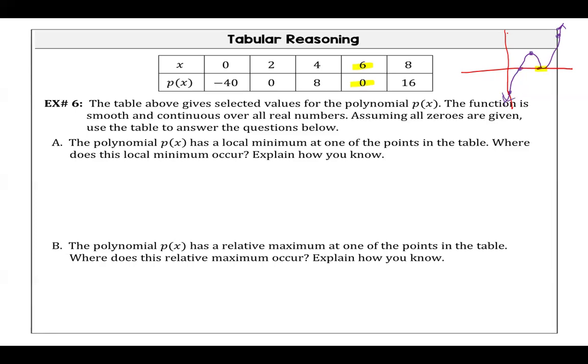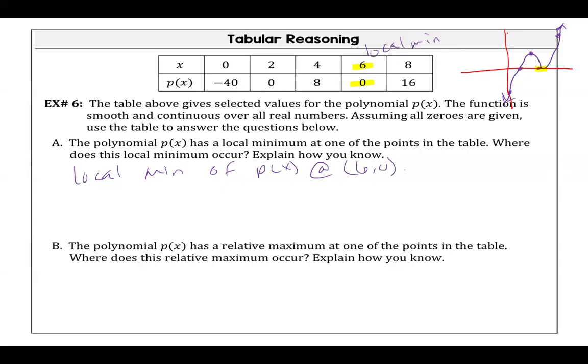That's my local minimum. Okay. So, how do I know? So I'm going to write local min of P of X is at 6, 0.